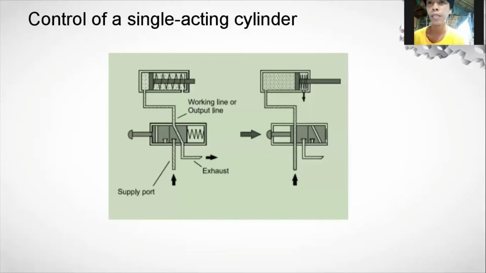Then, pag po pinindot natin yung push button ay dadaloy na po yung ating supply ng hangin. At yung pong hangin na yun ay mapupuno po yung ating single acting cylinder.